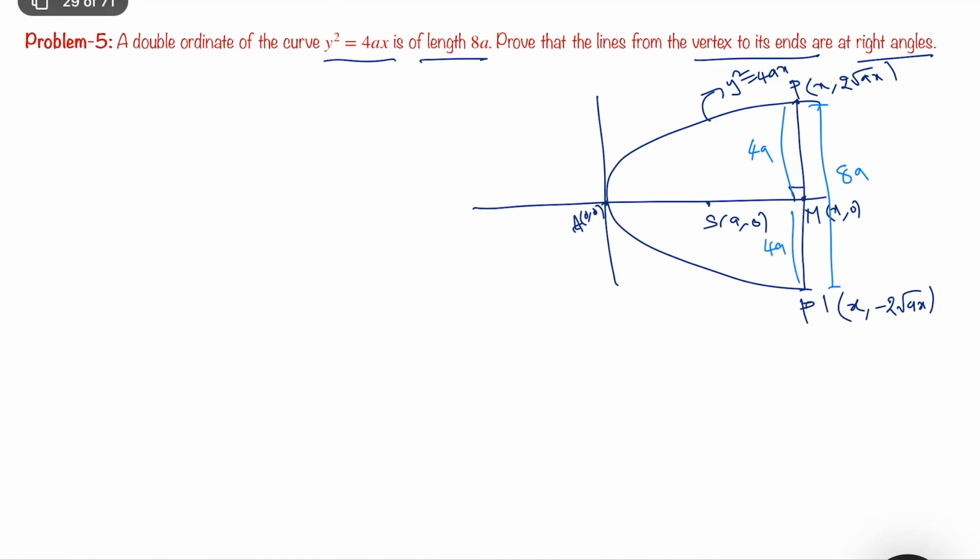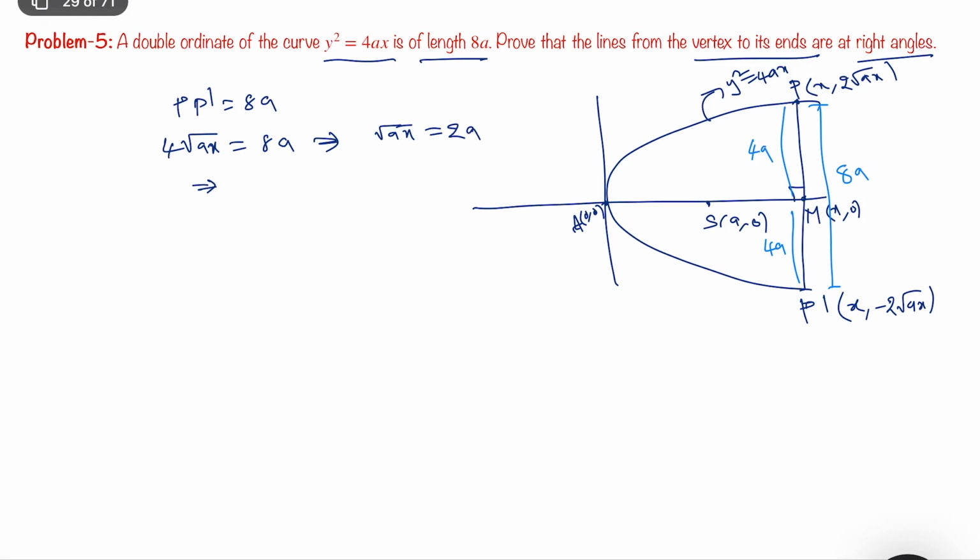Here the length of the double ordinate PP' equals 8a, but in terms of x, the length of PP' is going to be what? 4√(ax). That means this 4√(ax) must be equal to 8a. That implies √(ax) = 2a.